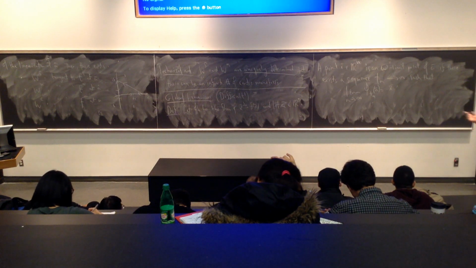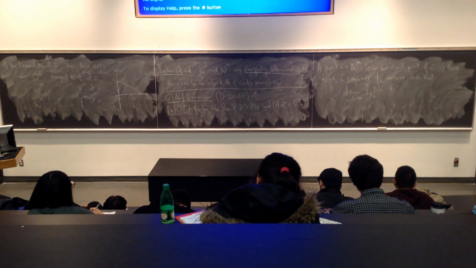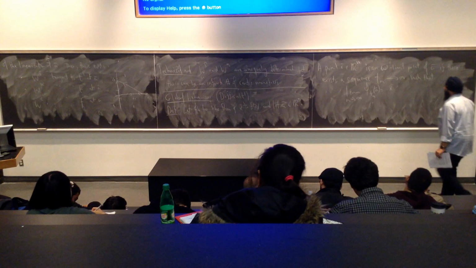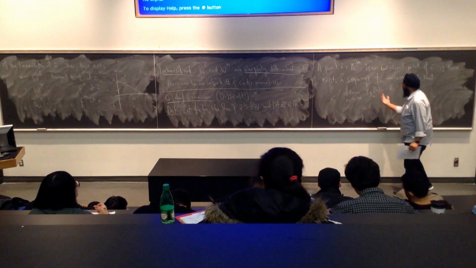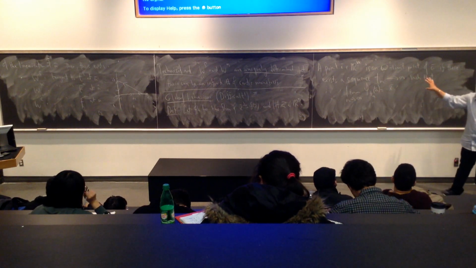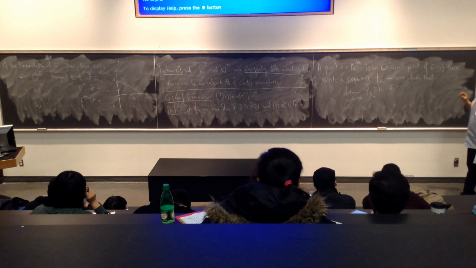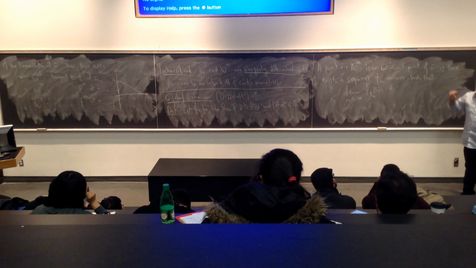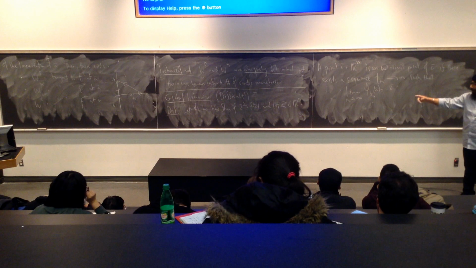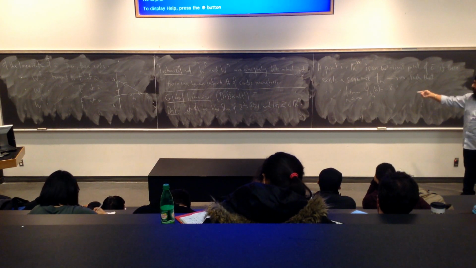So x is an omega limit point of A if there exists a sequence such that when you take its flow, the limit, you get that point back. In other words, the orbits are attracted to that point as t goes to infinity. That's why I put the flow here.